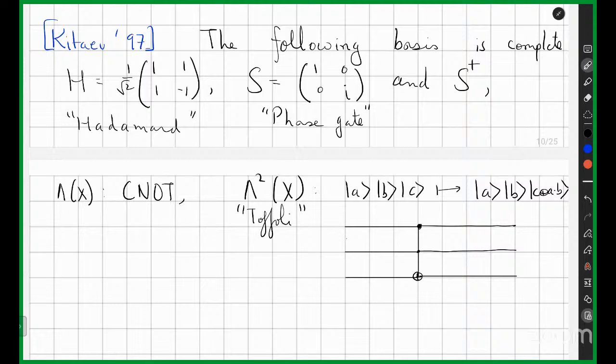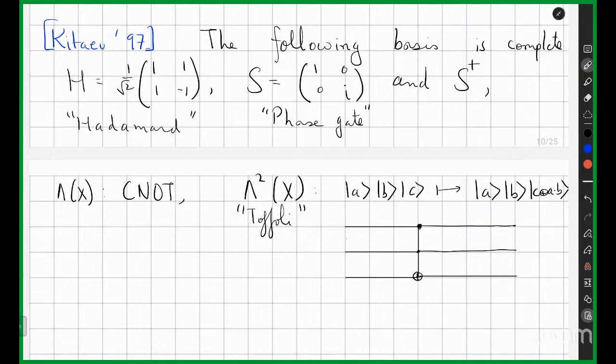You can replace Toffoli by something called the pi by 8 gate. You can think of the phase gate as being a pi by 4 gate, because it's like 1 and e to the power i pi by 2.